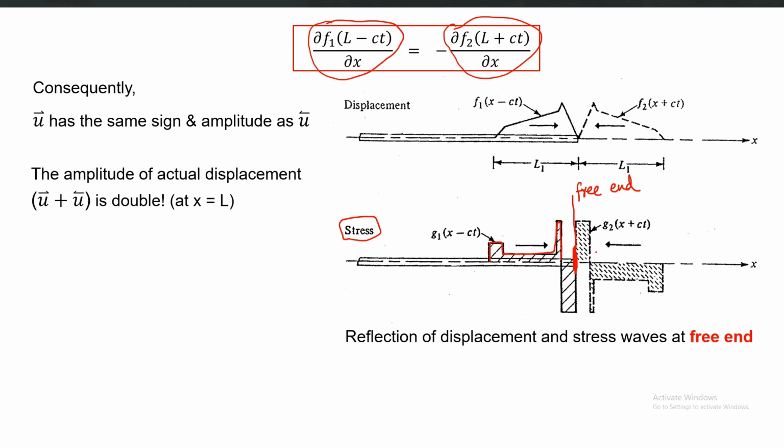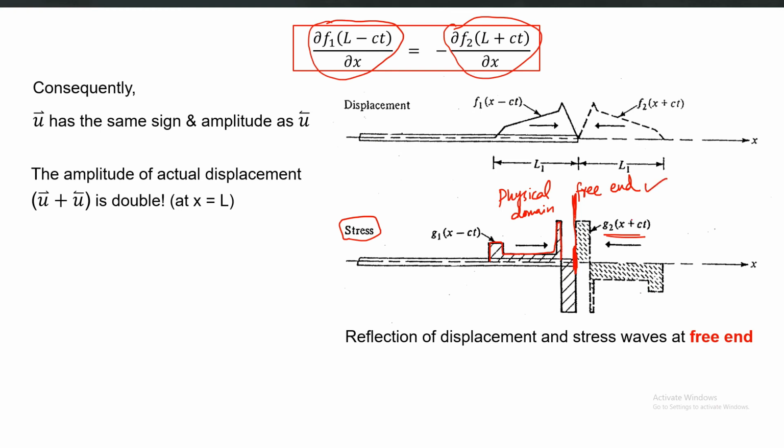This is your physical domain, but this is a mathematical domain on the other side of the rod, which you cannot see. Mathematically there should exist a wave which travels from the opposite side and cancels out the stress at the free end, so that the boundary condition is fulfilled.